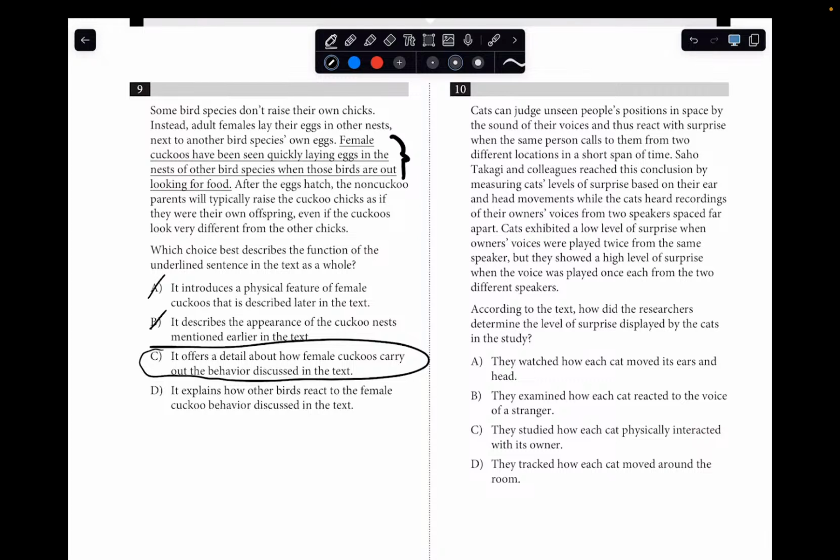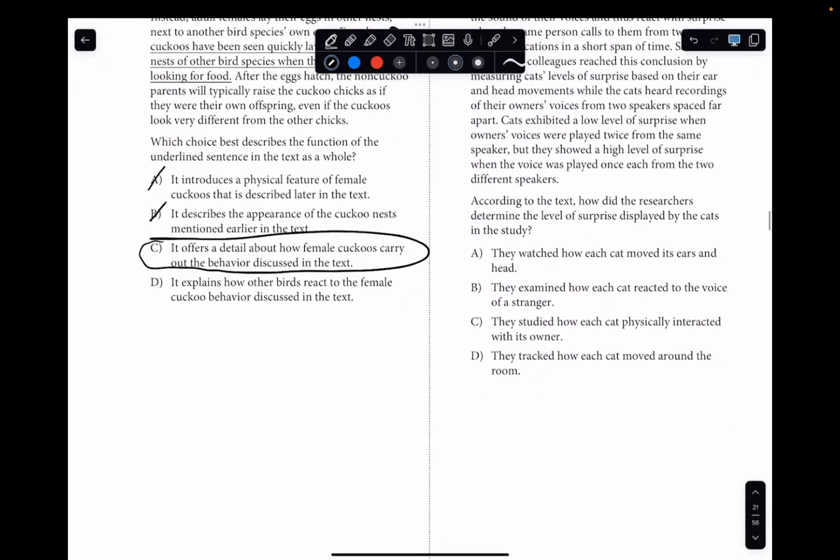So according to the text, how did the researchers determine the level of surprise displayed by the cats in the study? Let's go bottom up. D, they tracked how each cat moved around the room. No. C, they studied how each cat physically interacted with its owner. They're examining the cat's behavior in this and whether it focuses its attention based on where it expects the sound to be coming from, right?